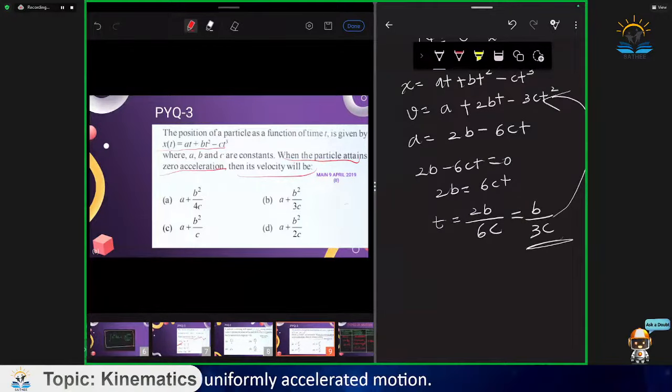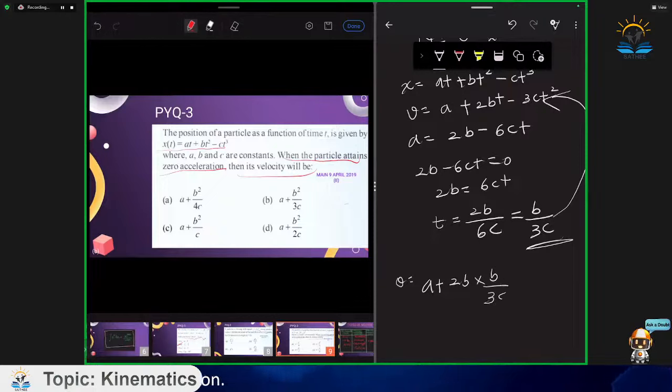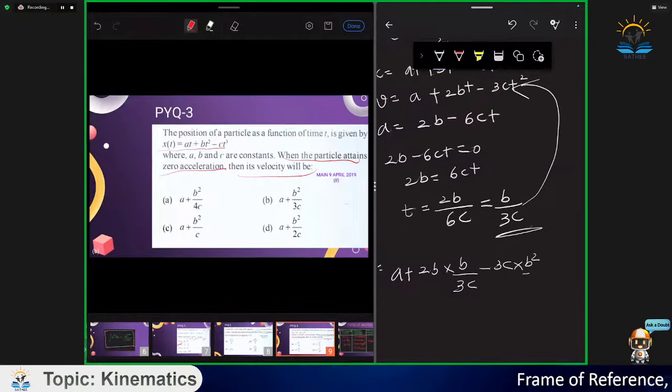So v equals a plus 2b into time b by 3c, minus 3c into b square upon 9c squared.